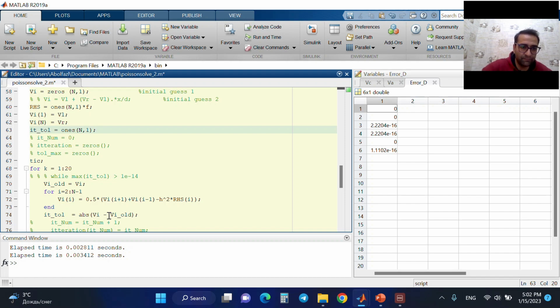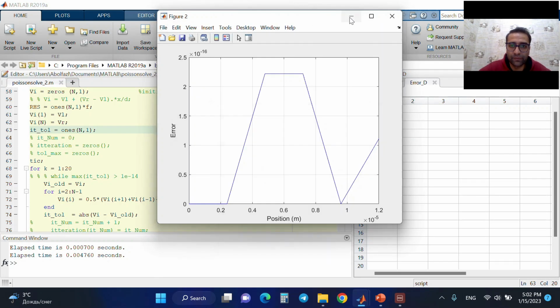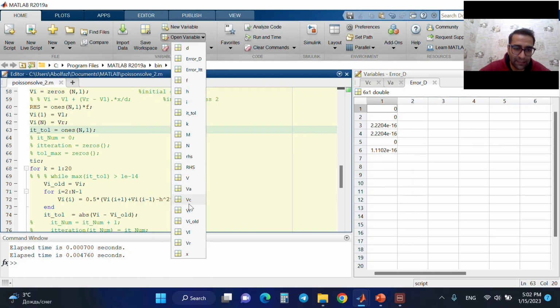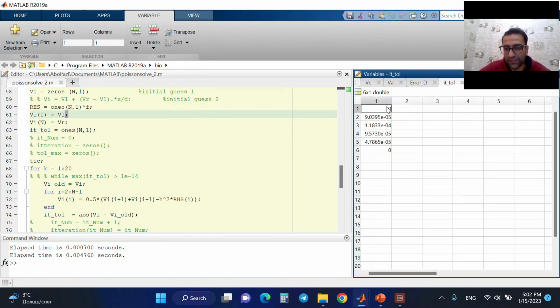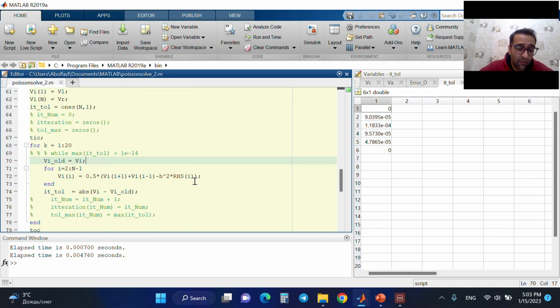Okay, let's see. You see that I want to show you this iteration tolerance. We have 6 points and we see the tolerance at each point. How much is this tolerance? Now, okay, now we have some gauge.